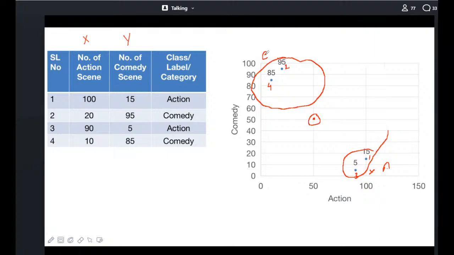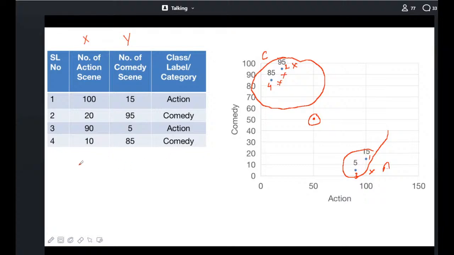Now if any point is nearer to these, let's say this point comes over here, they all will be comedy. So we are talking about nearness. How do we define nearness?